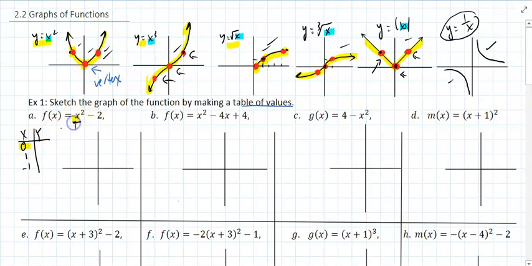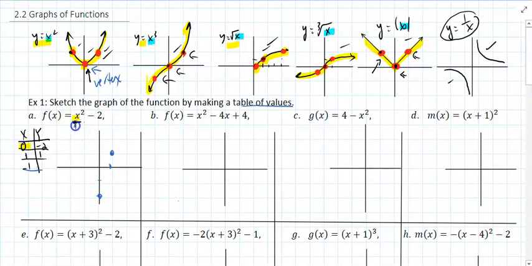If I throw 0 in there, 0 minus 2 is negative 2. That point corresponds to this point, the vertex. If I throw a 1 in there, 1 squared is 1 minus 2 is negative 1. I could scale this. So it was 0, negative 2, and 1, negative 1.